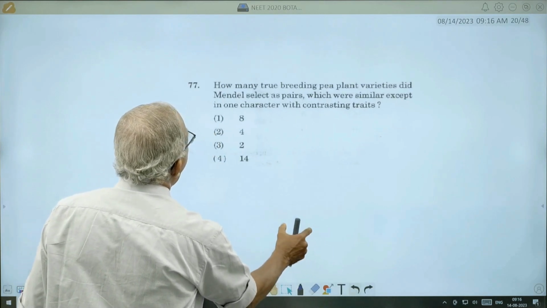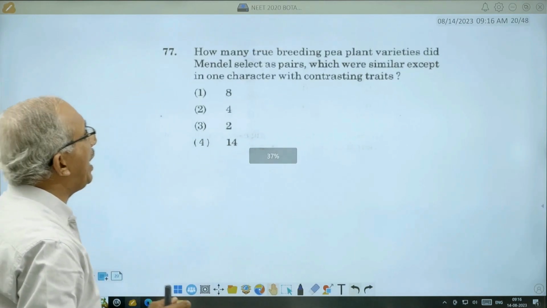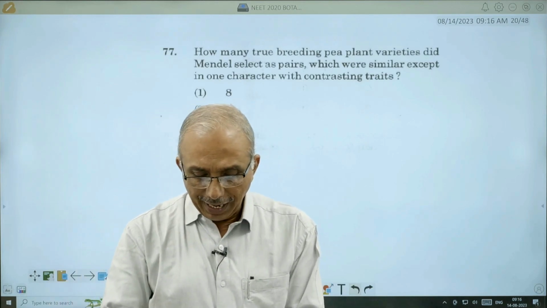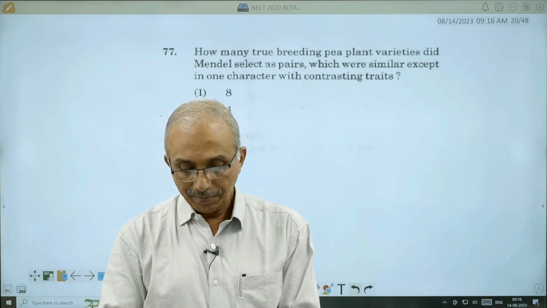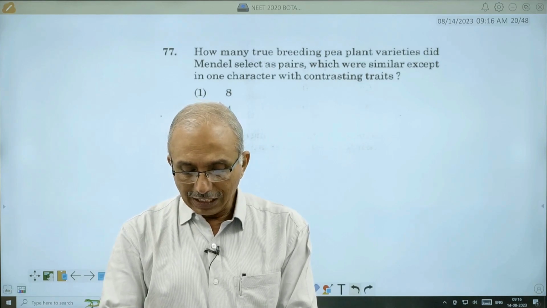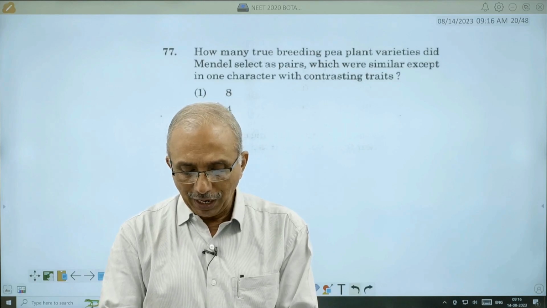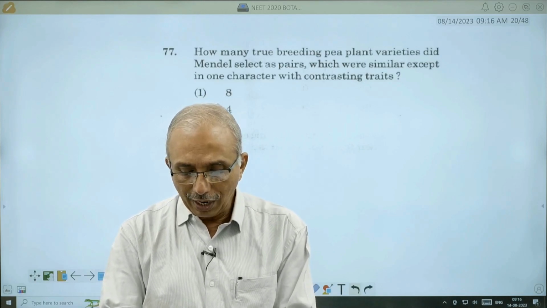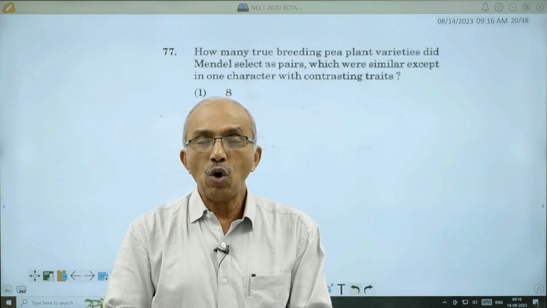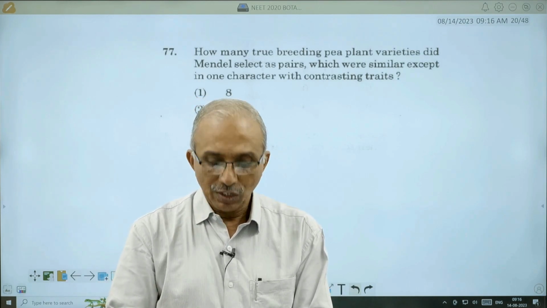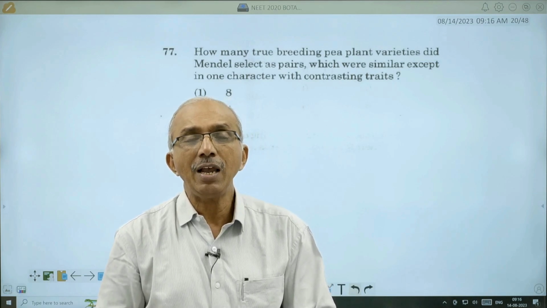Next, how many true breeding pea plant varieties did Mendel select as pairs which were similar except in one character with contrasting traits? How many pairs are selected?